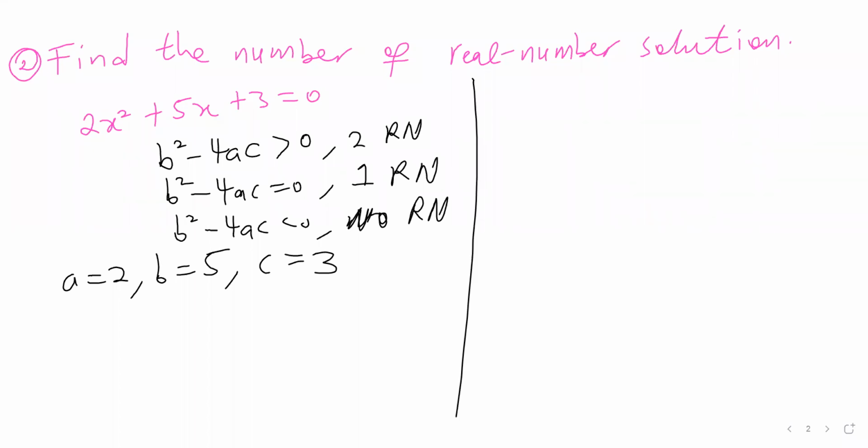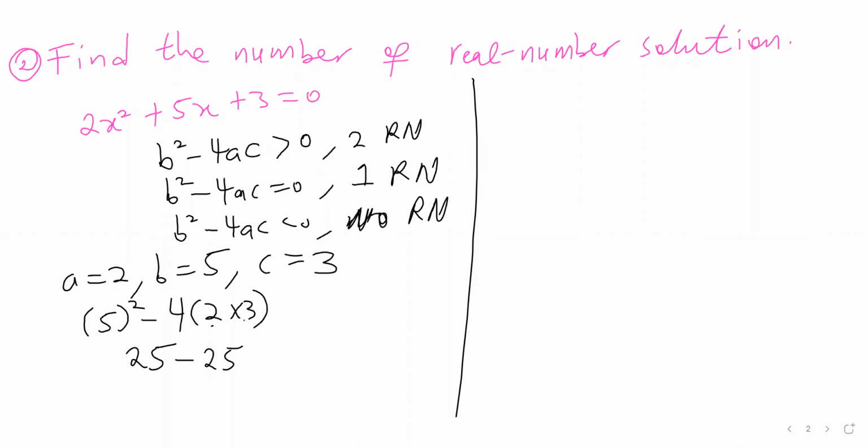So if I'm using b squared minus 4ac, then I will end up with 5 squared minus 4, where A is 2 and C is 3. So this gives me 25 minus 4 times 2 times 3, which is 6 times 4. That is 24.